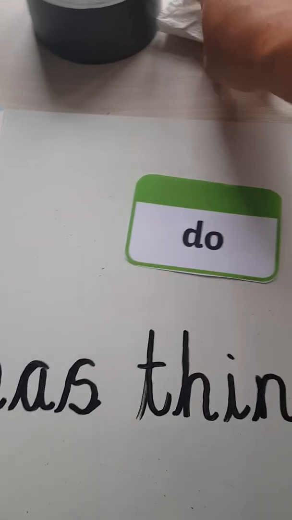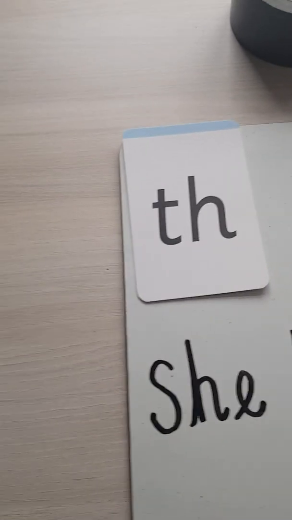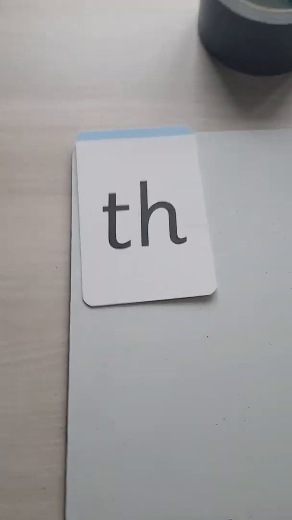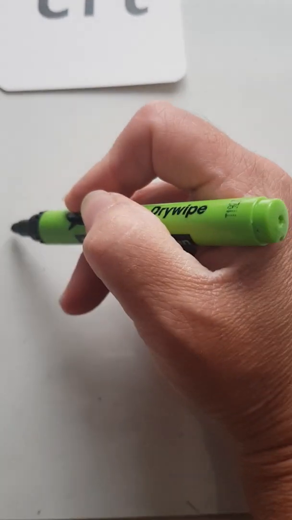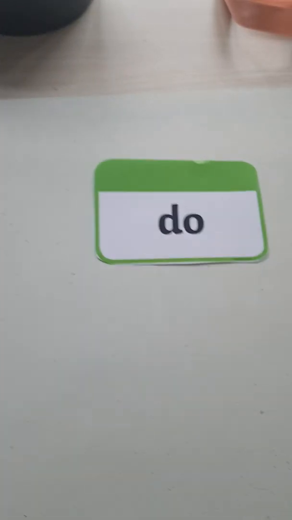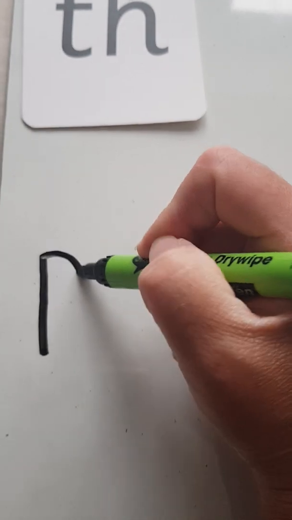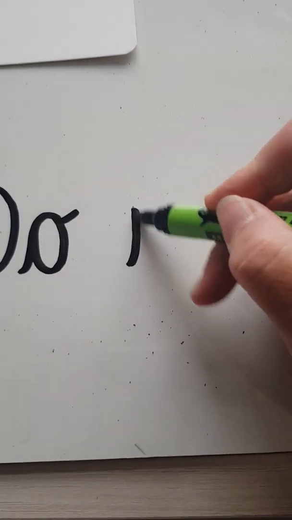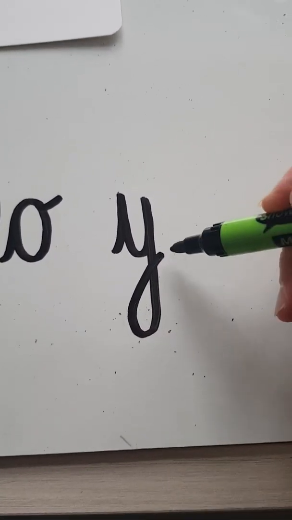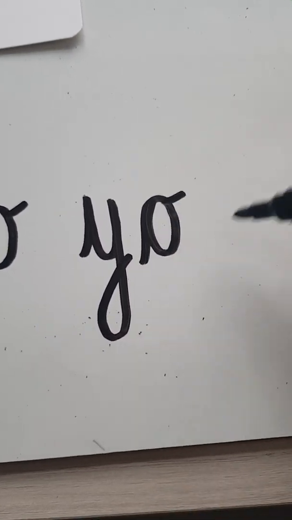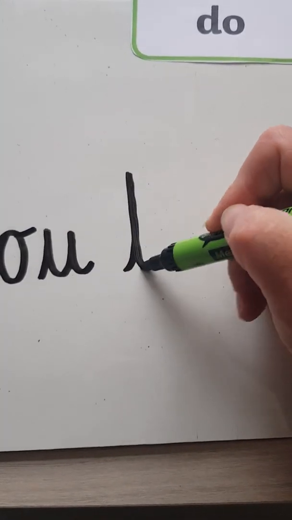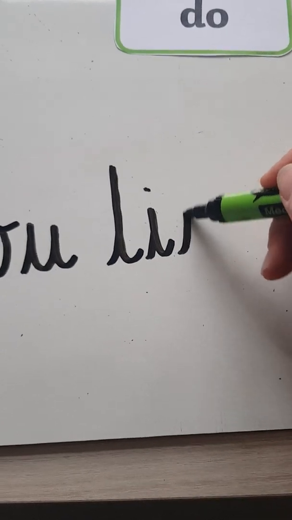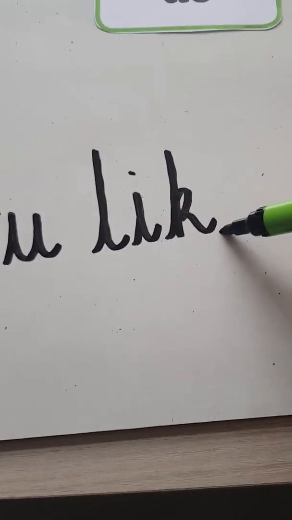Do you like me? I'm going to rub out that sentence I've just written. And I'm going to write that sentence, do you like me? And it's a capital D, so it looks different from the D on our word card there. But it's do, finger space, you, tricky word you, like, that's our phase 4 tricky word that we learnt last week.